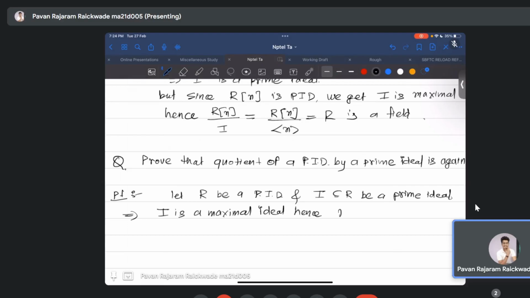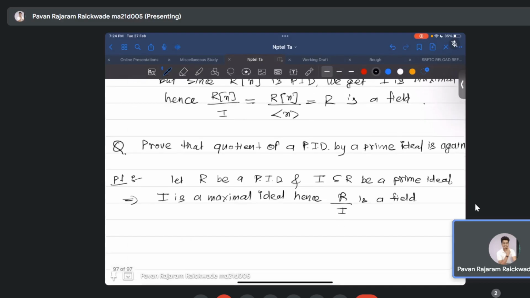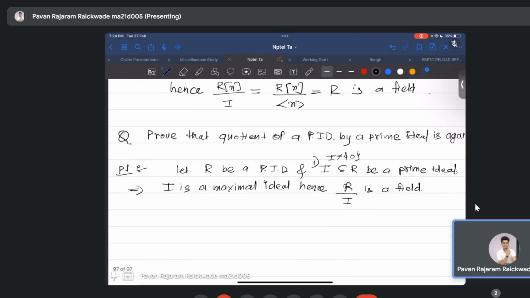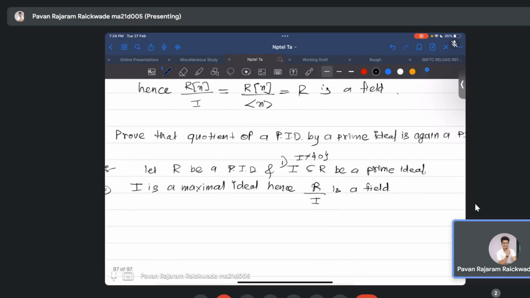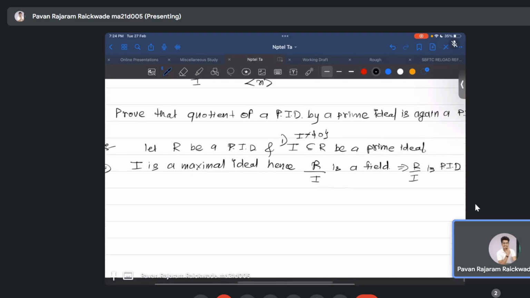Hence, R quotient I is a field, which implies R quotient I is a PID, since every field is a principal ideal domain.